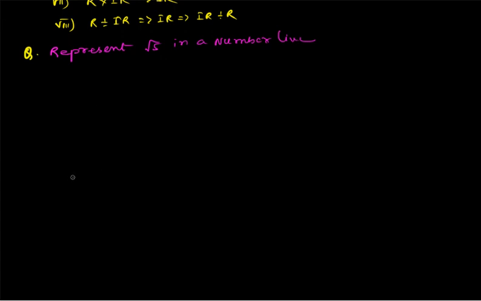So first of all, we will draw a number line. I don't have the compass and such things right now, so I will try to use my tab to do it. So it might not be so perfect. Okay, so that's 1 unit, that's 2 units, that's 3 units, that's 4 units, that's 5 units.